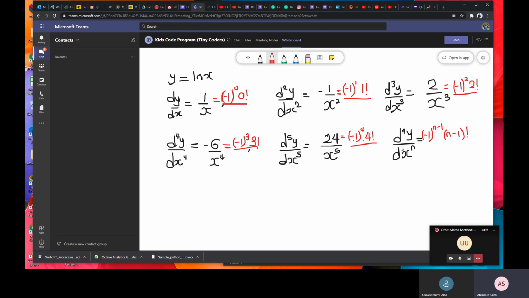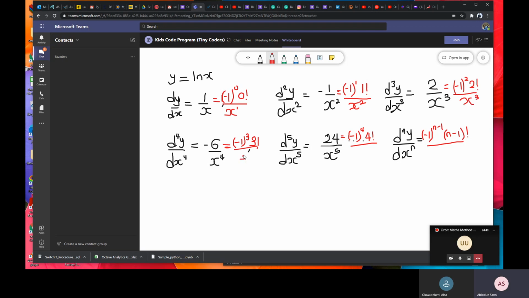Now let's go to the denominator. Now at the denominator, what do you have? I have x to the power 1 here, right? Which corresponds to the first derivative. Here I have x to the power 2. This corresponds to the second derivative. Here I have x to the power 3, which corresponds to what? The third.